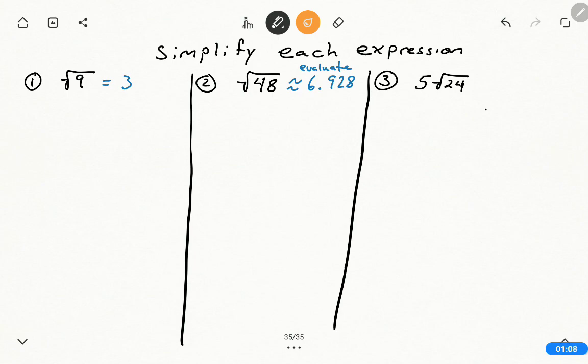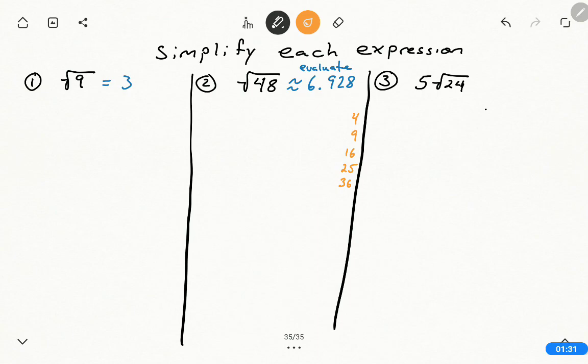So we'll look for the biggest perfect square that goes into 48. Some perfect squares are 1, which is never helpful for radicals, 4, 9, 16, 25, 36.